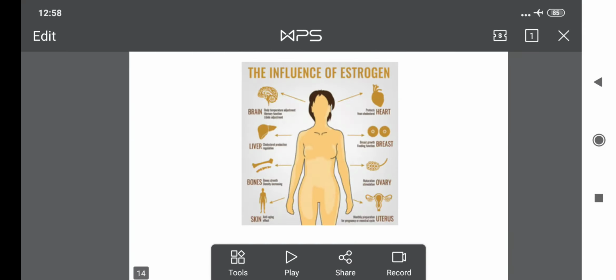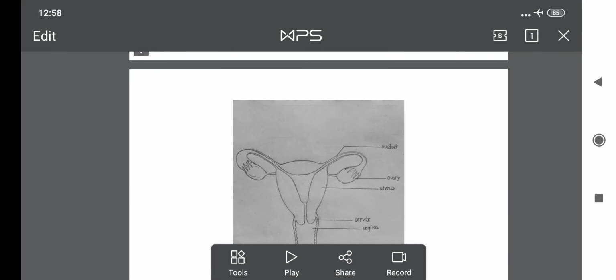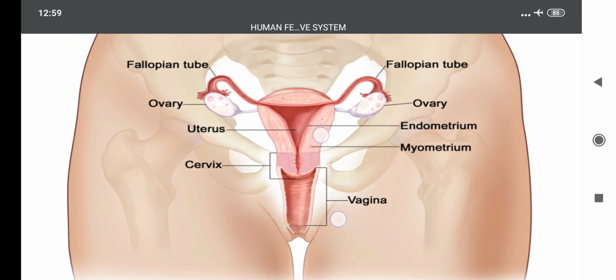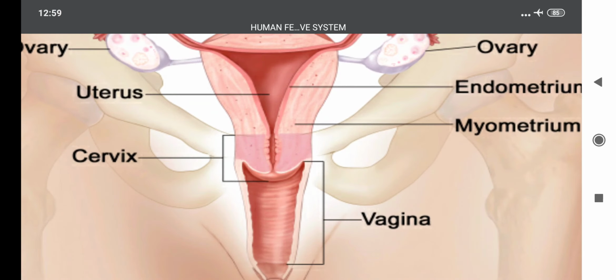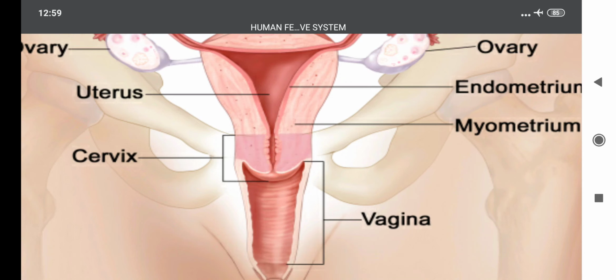Before classwork, let's look at this diagram so that I can explain the cervix and the vagina. Look at this. This is the cervix. Follow my white dots. The cervix is where the fetus passes through whenever the gestation period, that is, the pregnancy period, has ended and it is about to leave the womb.